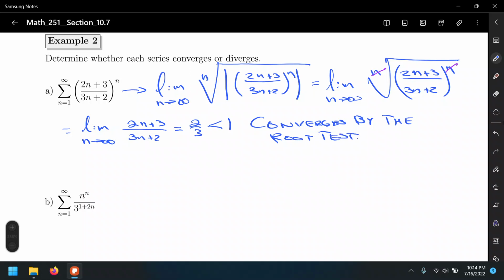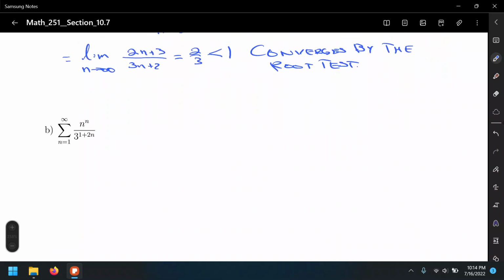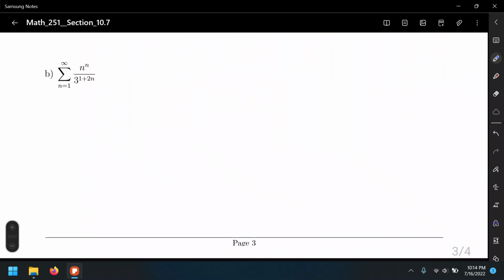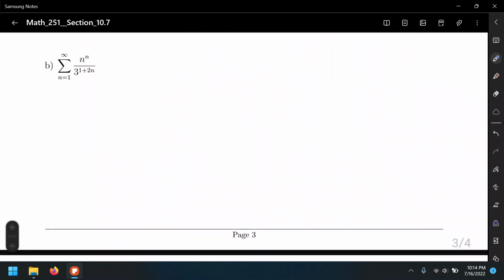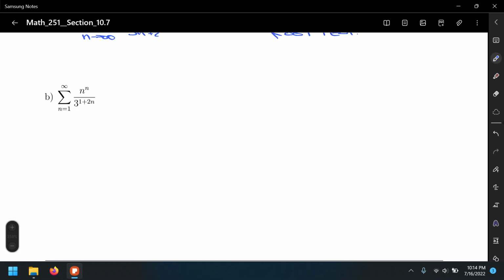Alright, let's do another example. For letter B, what do we have? Sigma n equals 1 to infinity of n to the n power over 3 to the 1 plus 2n.